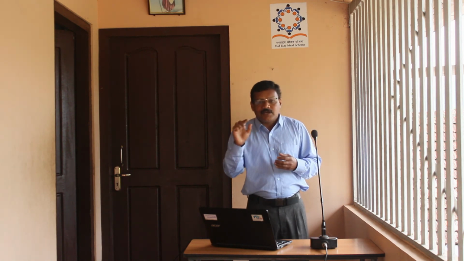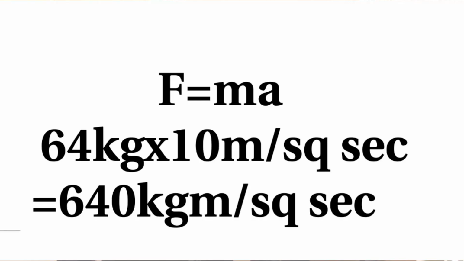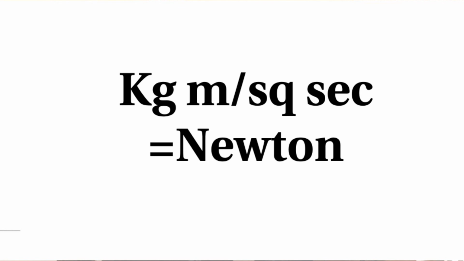Take the case of my weight: F = ma, where m is my mass, 64 kilogram, and a is the acceleration due to gravity, 9.8 meter per second square. Let us take it as 10 meter per second square. So 64 kilogram times 10 is 640 kilogram meter per second square. This kilogram meter per second square is known as 1 Newton.